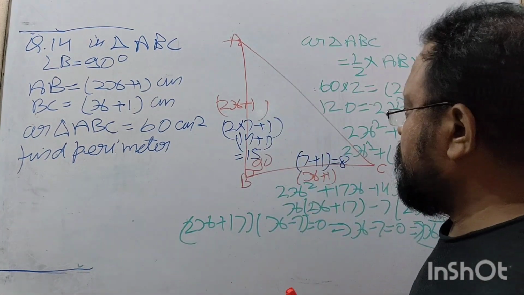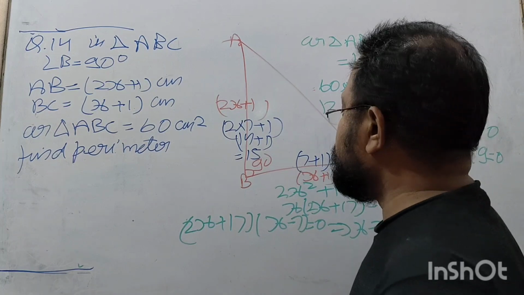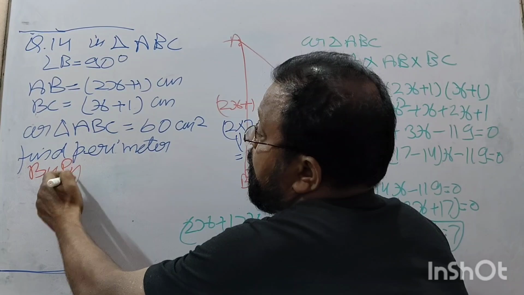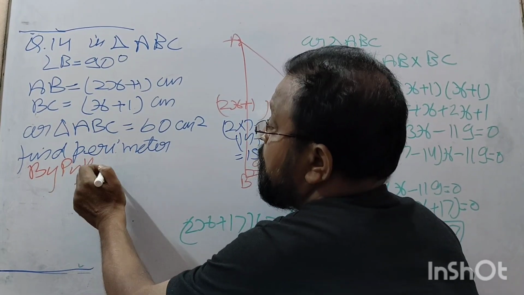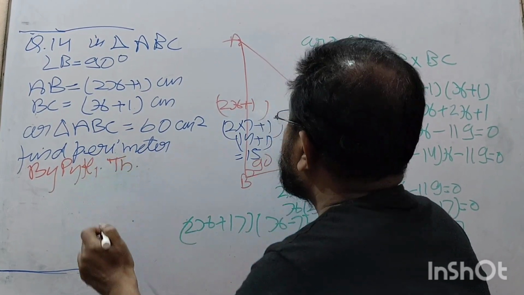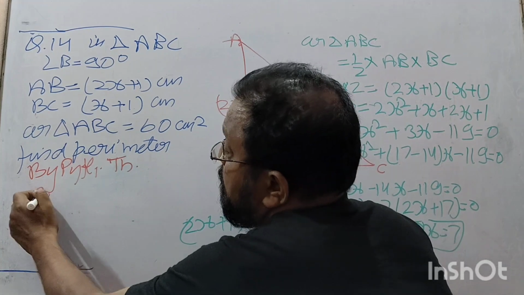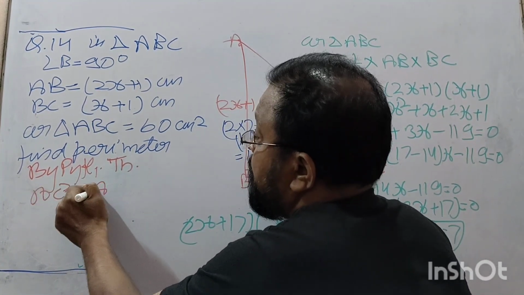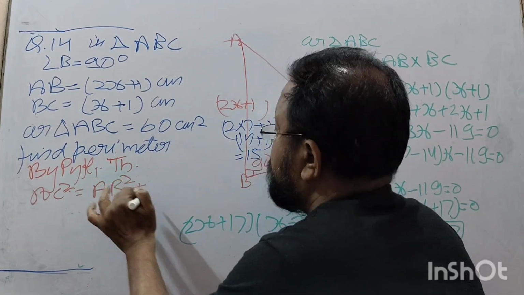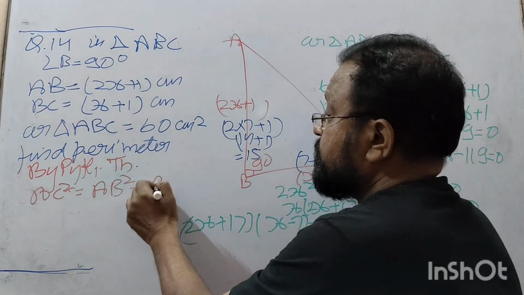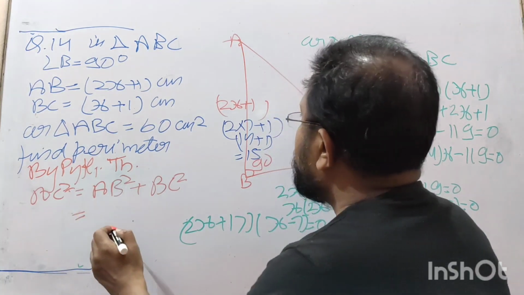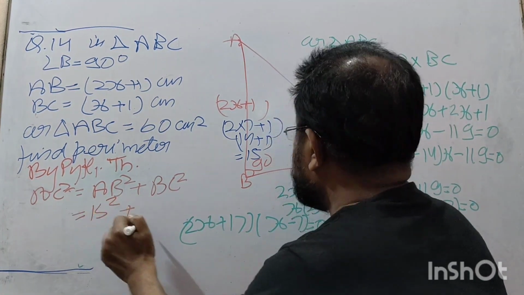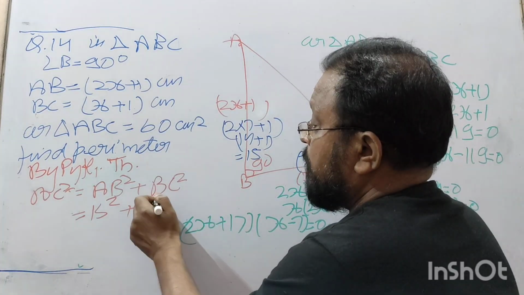Now by Pythagoras theorem, AC square is equal to AB square plus BC square, that is 15 square plus 8 square.